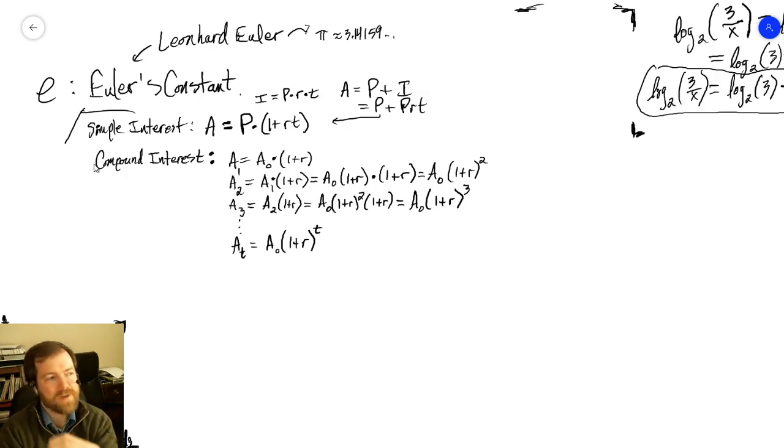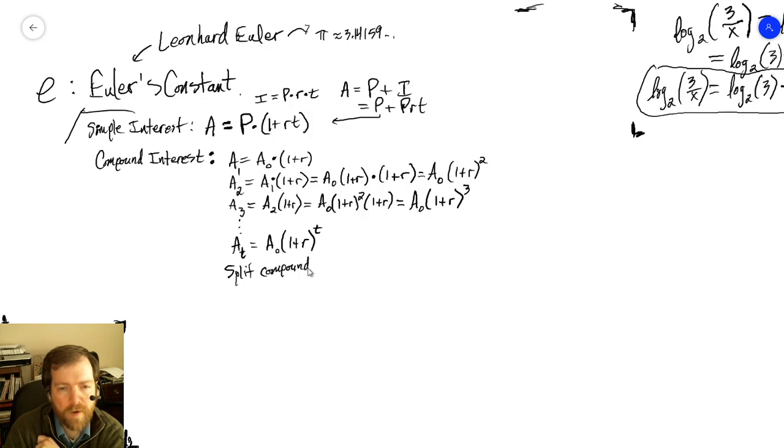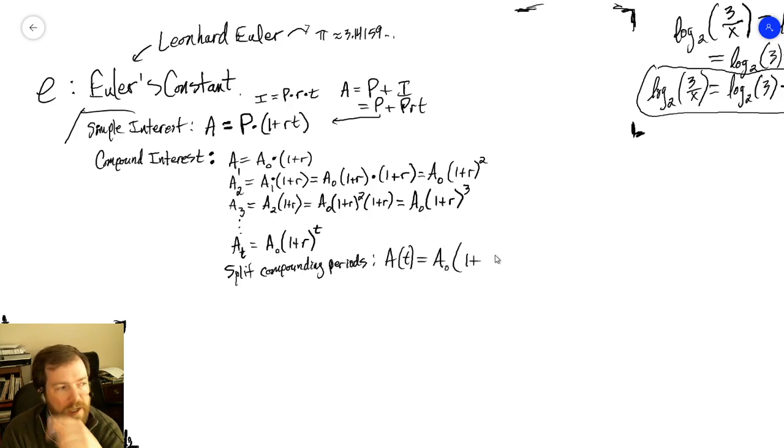But here's the thing. If you want to make it interesting, what we're going to do is split the compounding periods. So instead of doing compounding periods as just once a year, we could do this as a function of t equals A sub 0 times (1 plus R over n) to the nt. If you do this throughout the year, you're going to split the interest rate, which is an annual rate, into n parts.